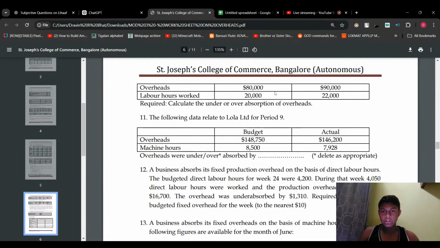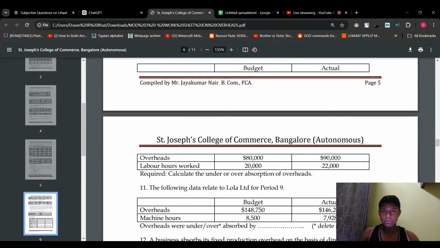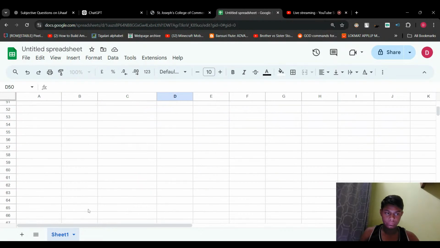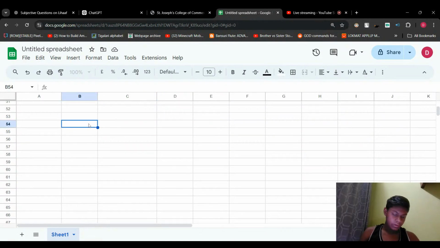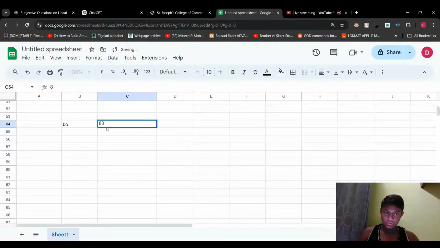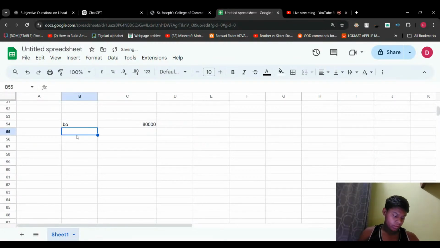The 10th question has 80,000 and 90,000 for budget and actual, and 20,000 and 22,000 hours. What you're supposed to do: budgeted overheads, BO, is 80,000, and budgeted labor hours, BLH, is 20,000.